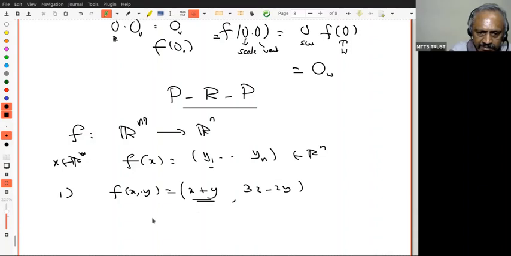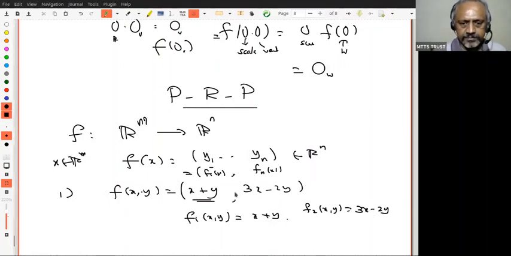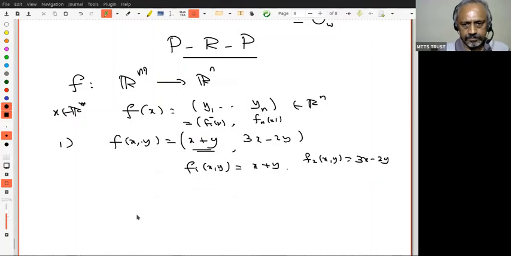Therefore, I can write this as f1 of xy is x plus y. Are you following? Okay. This y1 I will call f1 of x, and this yn I will call fn of x. And what is f2 of xy here? It is 3x minus 2y. Yeah? Are you with me?